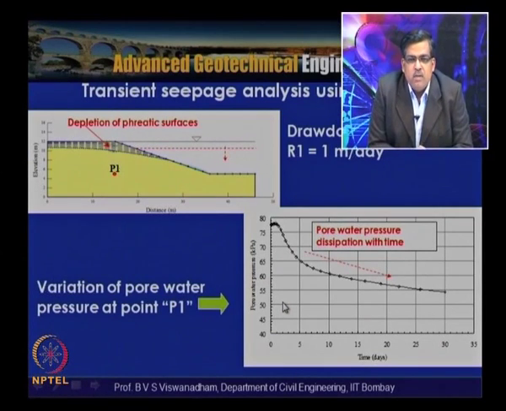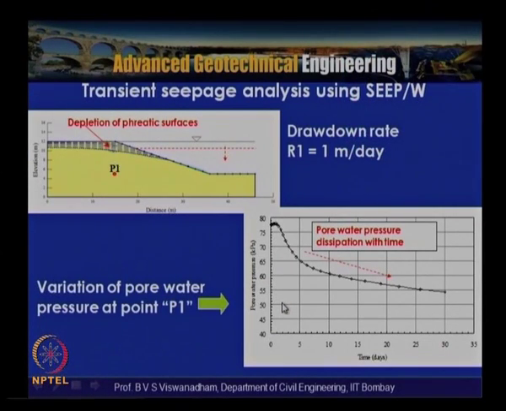Now here, with a drawdown rate of 1 meter per day and with a permeability of 10 to the power of -6 meter per second, you can see the phreatic surface depleted to this particular level, and the variation of the pore water pressure at point P1, if plotted, shows the pore water pressure dissipation with time.